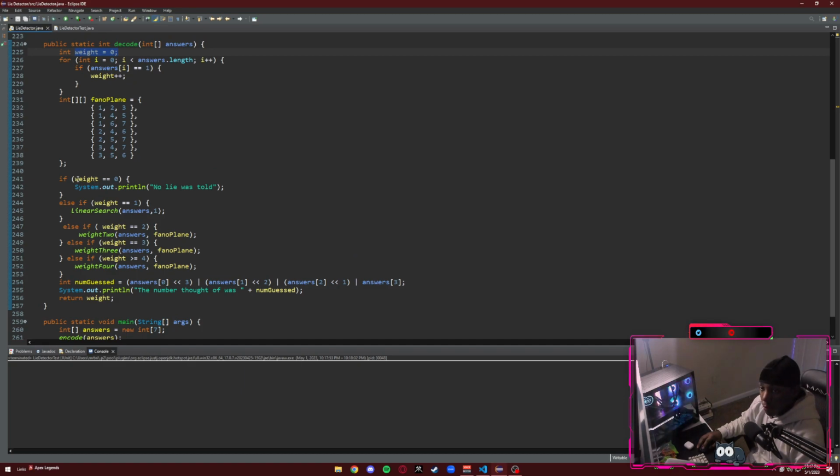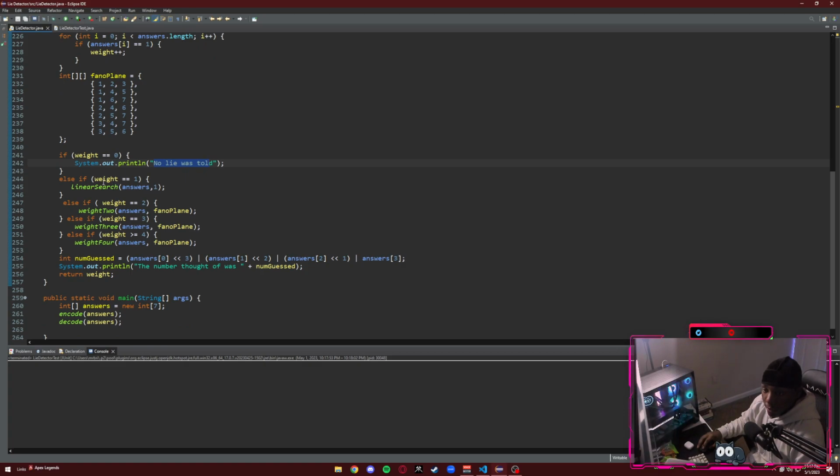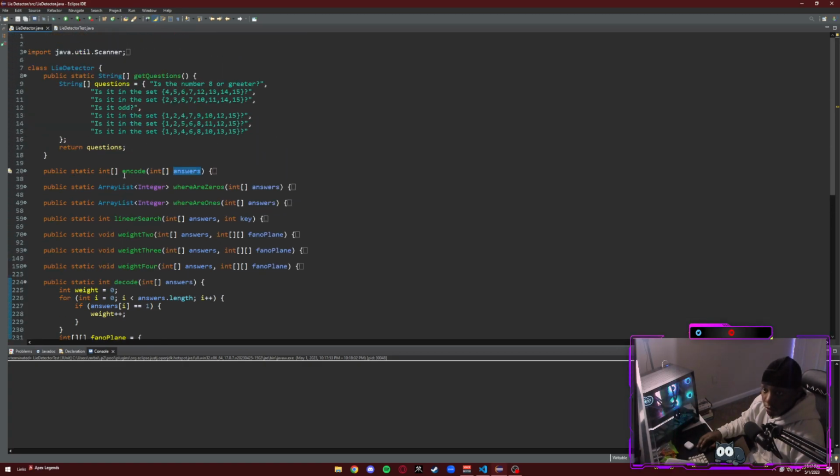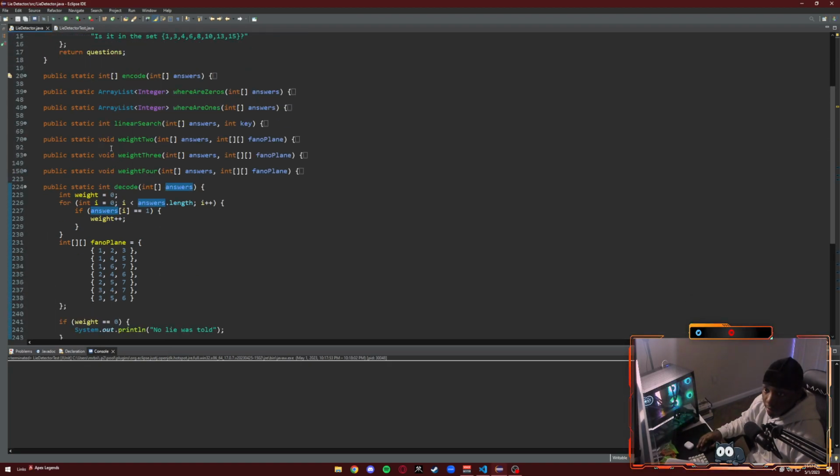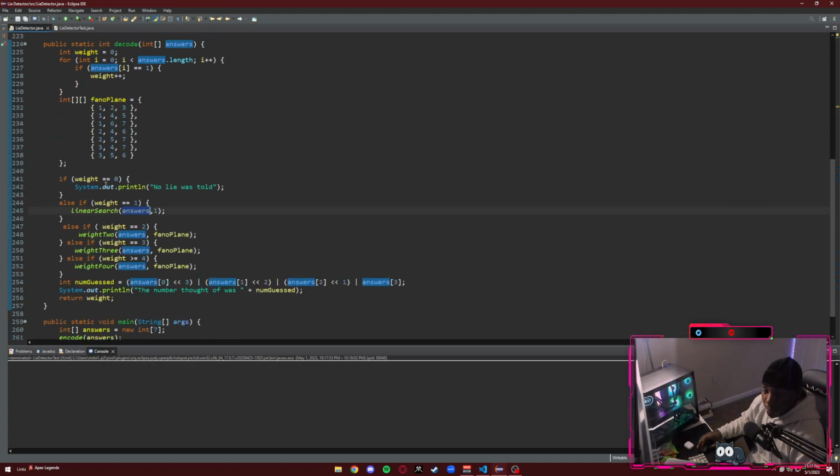Of course, if the weight is 0, which is if there's no ones in the array, then of course no lie was told. Same with weight 1. It does the linear search here, where it searches for this 1 in the array, and it replaces it with 0.